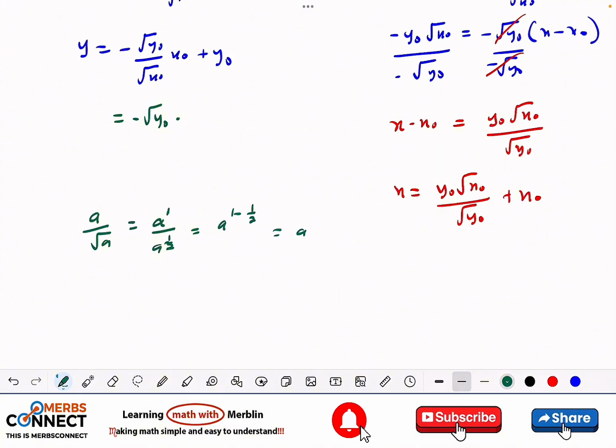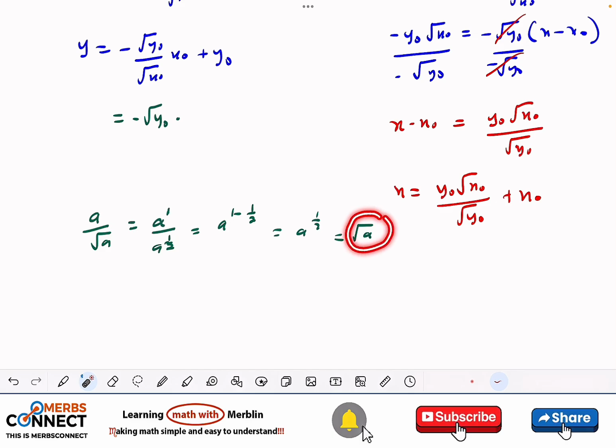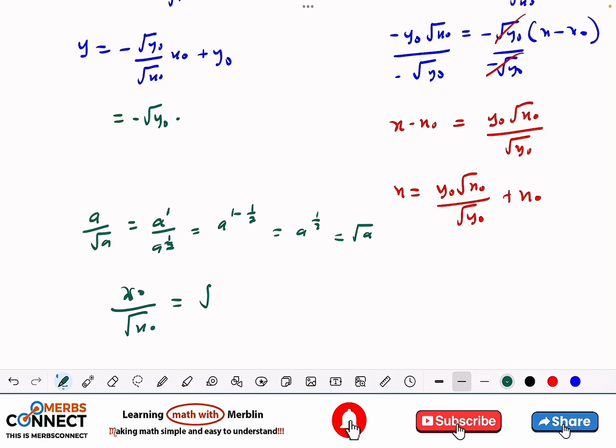So this is the same as a to the power 1 over 2. And this is the same as root of what? A. So when you have something like this, it's the same as root of that. So if I have x naught divided by root of x naught, this is the same as root of x naught.